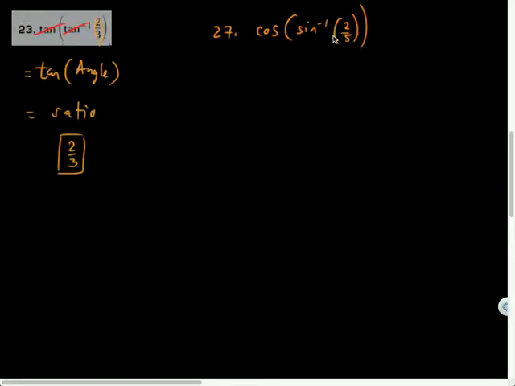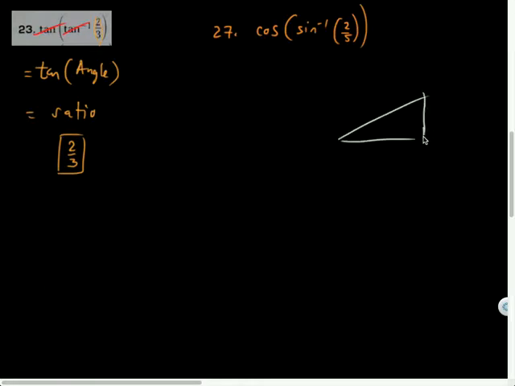And if I want cosine of that angle, that's not going to give me the ratio of opposite to hypotenuse. Cosine would give me the ratio of what to what? Adjacent to hypotenuse. So I've got to figure out my triangle. You could actually literally draw a picture for this if you want.